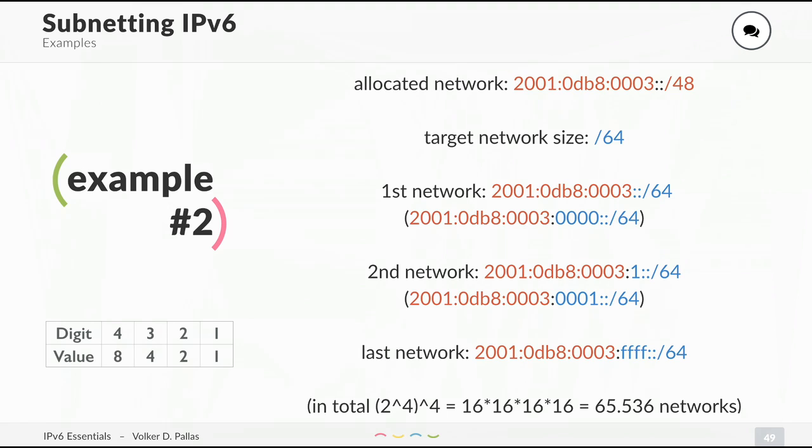So in whole, it is the network with 0, 0, 0, 0. The second network is increased by 1, 0, 0, 0, 1 in the fourth part. And the last network is FFFF, because in hexadecimal, F is the largest number. And in total, we have 65,536 networks available in this /48 if you divide everything into /64s.